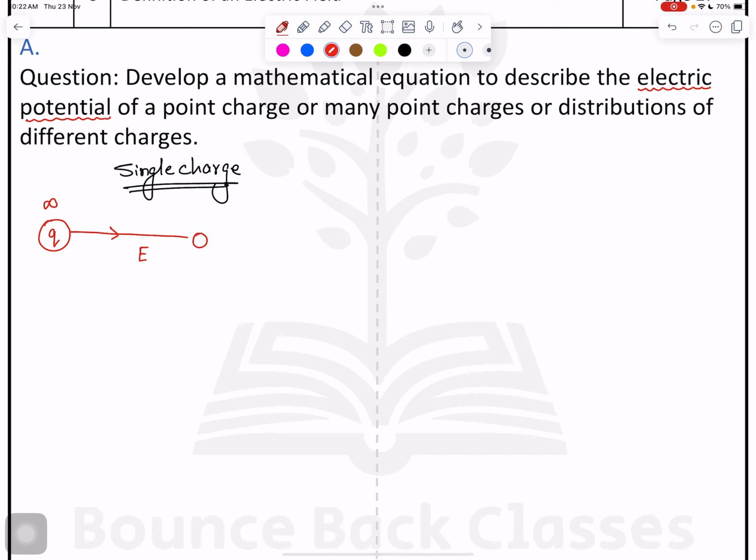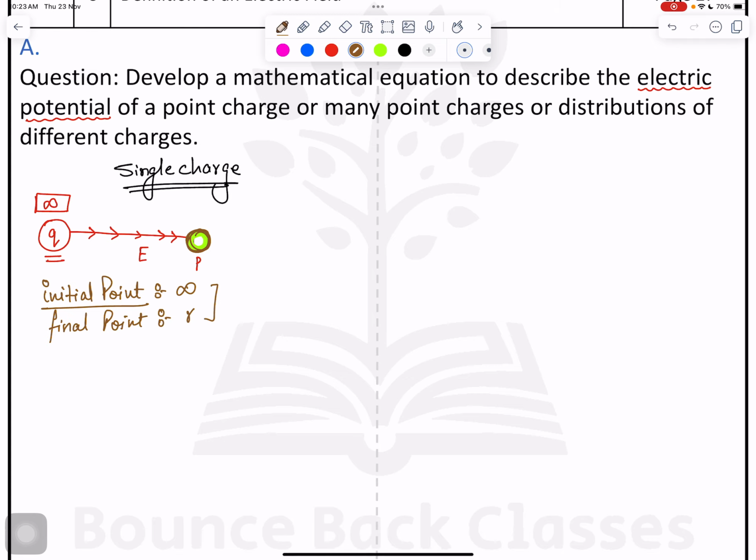And let's say there is a point P, and I need to find how much potential, meaning how much power it is feeling because of this charge Q. Again, any charge which is placed at infinity, and the electric lines of force are coming out, and we need to find out how much electric field or electric potential this point P is feeling because of Q. So can I say the initial point is infinity, and the final point, let's say we define with any distance r.